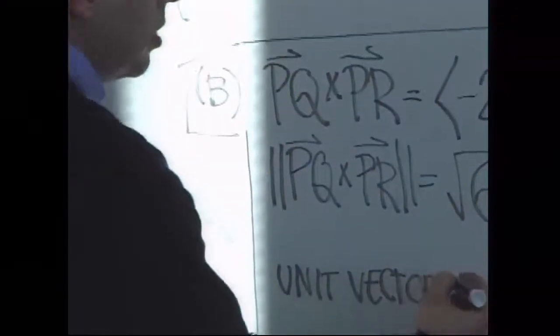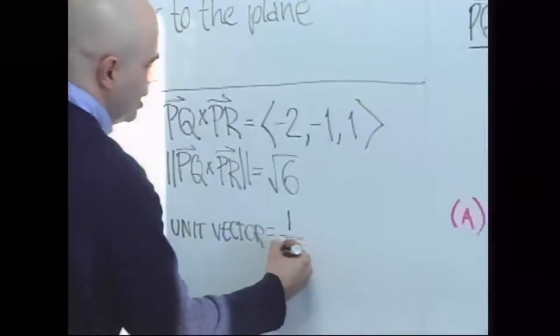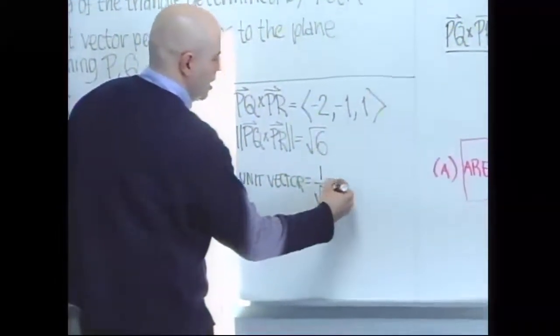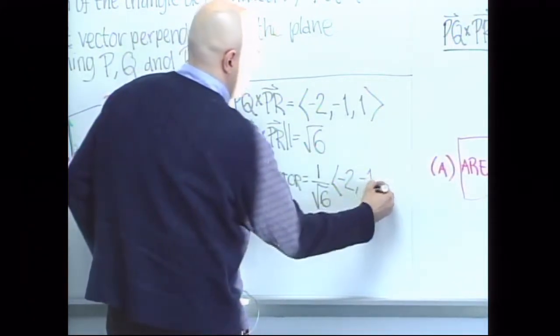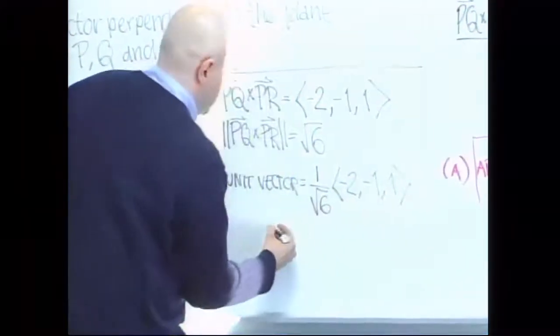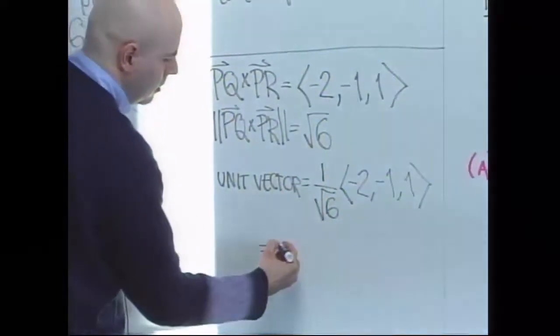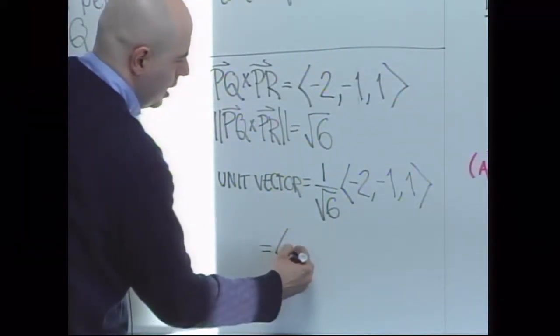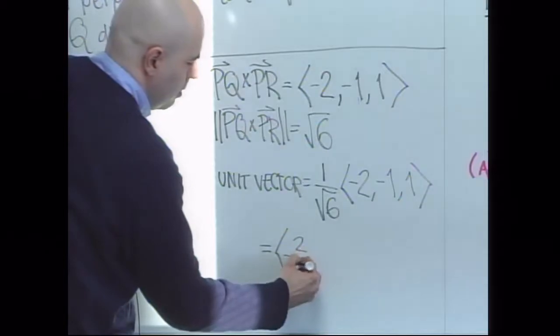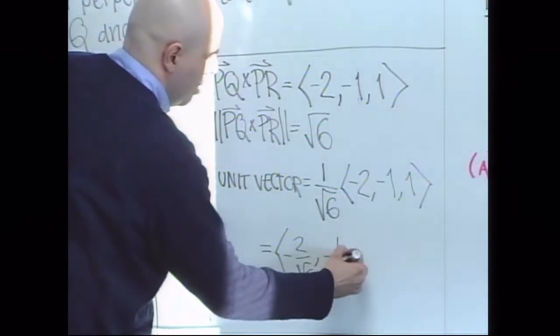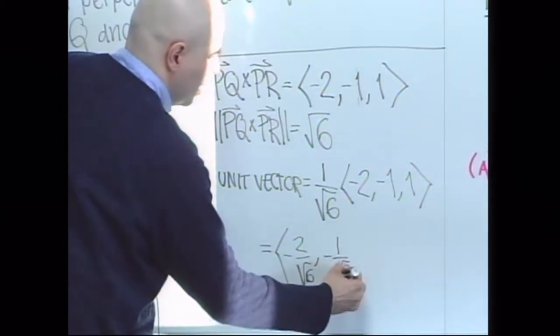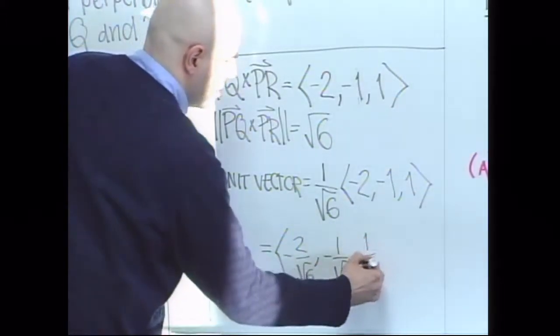The unit vector is going to be 1 over the magnitude, square root of 6, times the vector (-2, -1, 1). And that's equal to, let me just bring it in, negative 2 over the square root of 6, comma, negative 1 over the square root of 6, comma, 1 over square root of 6.